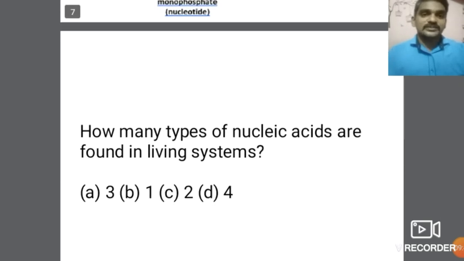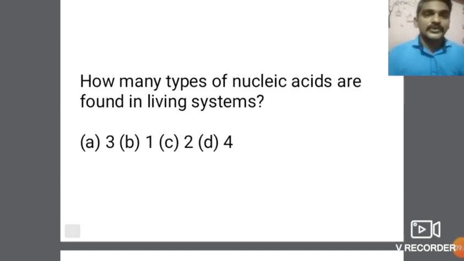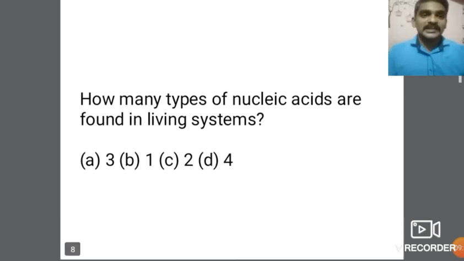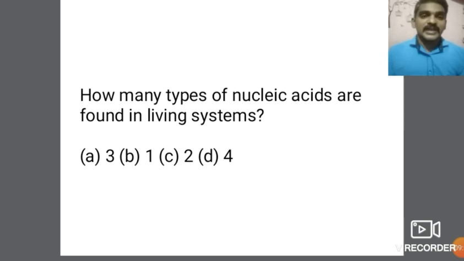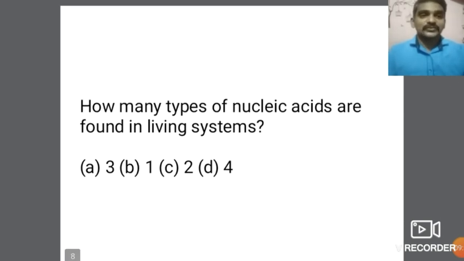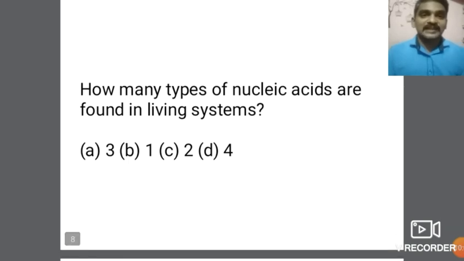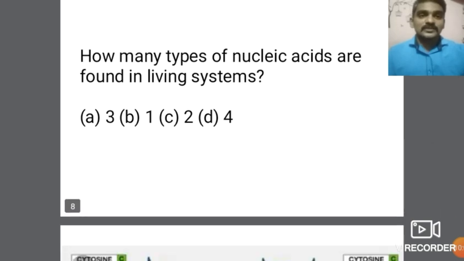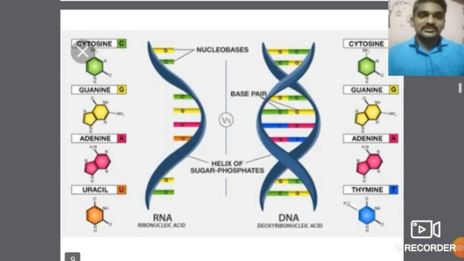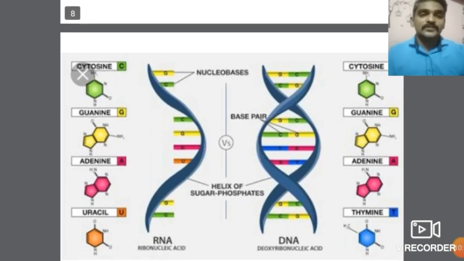So the next question, how many types of nucleic acids are found in living organisms? From bacteria to higher animals, we have two kinds of nucleic acids. In case of virus also we have what? Nucleic acids. So we have two. What are they? DNA and RNA. You can see the structures.